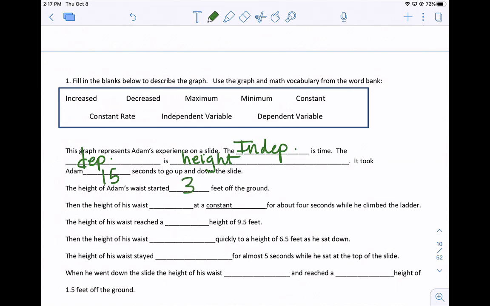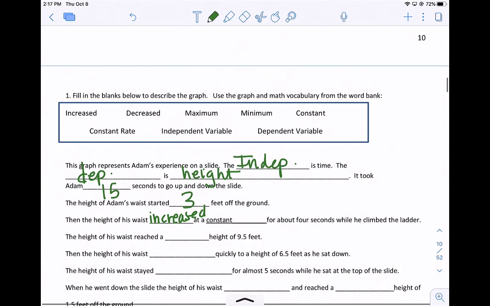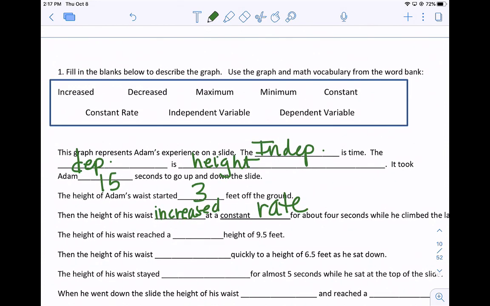Then the height of his waist blanked, so increased, I would say, at a constant rate, for about 4 seconds while he climbed the ladder. The height of his waist reached a blank height of 9.5. I guess 9.7, I was close.